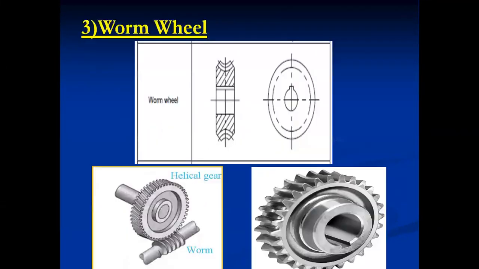Then worm wheel. Top surface of teeth is concave in shape to accommodate the worm. Worm and worm wheel are used for high speed reduction ratio. Explanation I require from you.